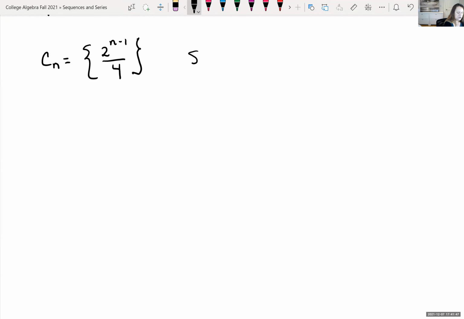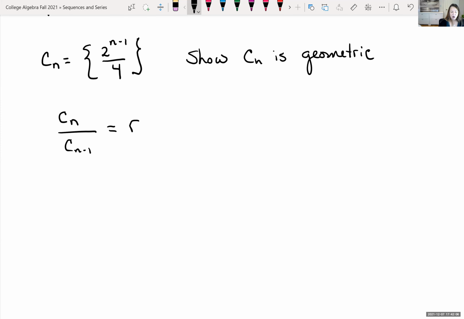And we want to show c sub n is geometric. So we need to show that if we take our nth term and divide it by the term right before, we're always going to get some constant r. And r is always the same number.